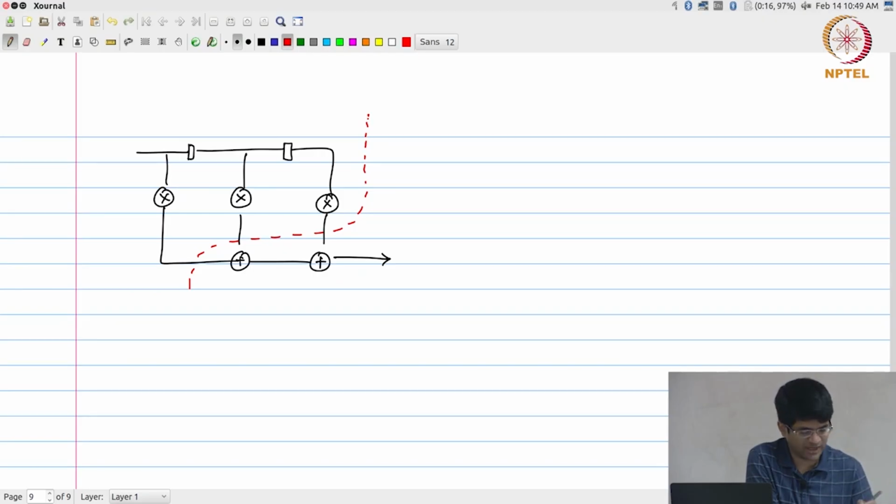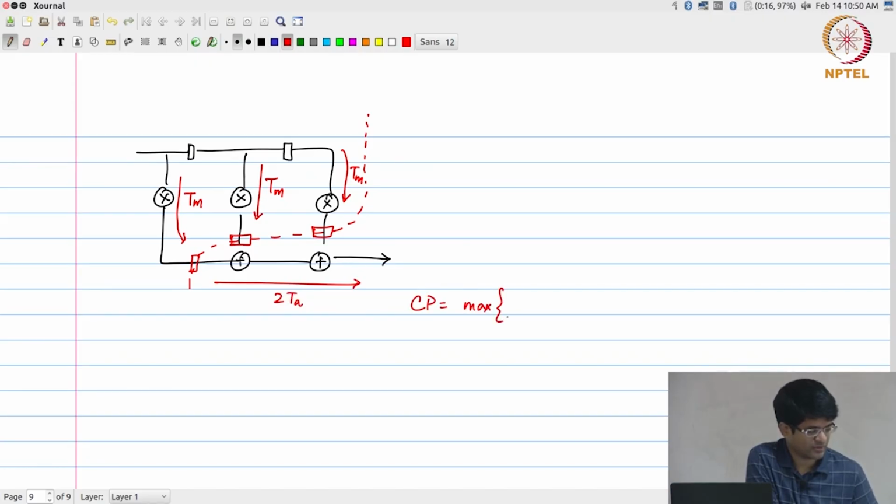And if I use this as my division and put registers over here on these 3 edges, now what does my critical path look like? Over here it is Tm, over here it is Tm, this is Tm, and this last one is 2 Ta. So, my critical path becomes max of Tm and 2 Ta, which in this case is 2 nanoseconds, both of them are 2 nanoseconds.